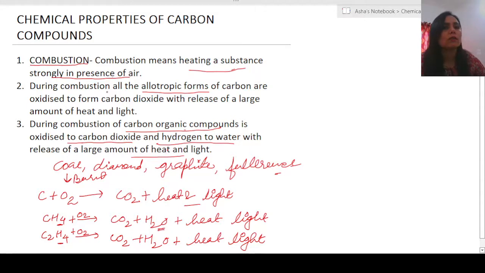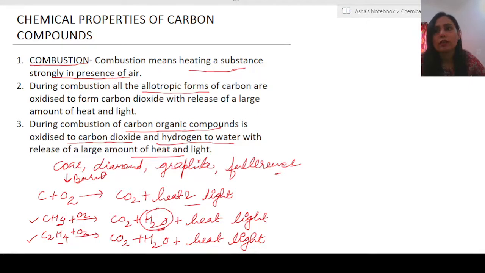Simply, if it is carbon, then if it will burn in presence of oxygen, it will give you carbon dioxide plus heat and light. If it is an organic compound like methane or ethene, then they will give you carbon dioxide plus water, because they are having H in their reactant. So from there you can remember the H will change to H2O, and heat and light obviously.